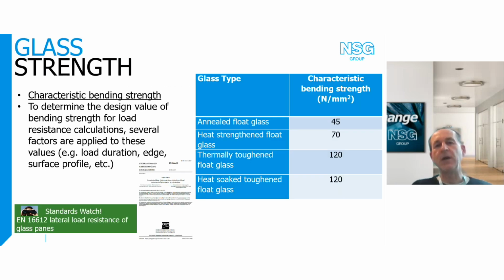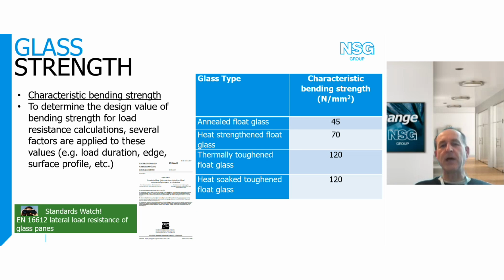Alongside safety considerations, the strength of glass is another important factor during specification, i.e. designing glass to resist the loads that are applied to it without breaking. Taken from EN 16612, the European standard for determination of load resistance of glass, this slide shows the characteristic bending strength of several glass types, which illustrates ranking in terms of strength.